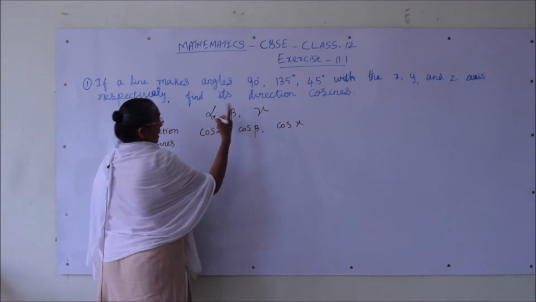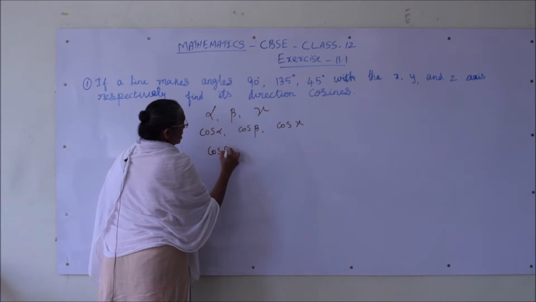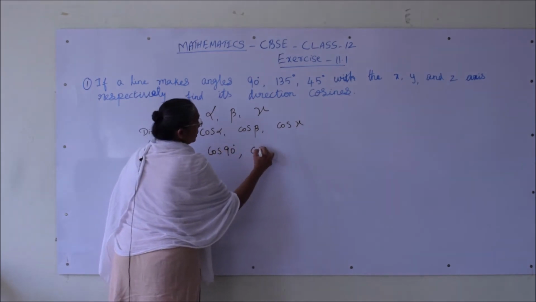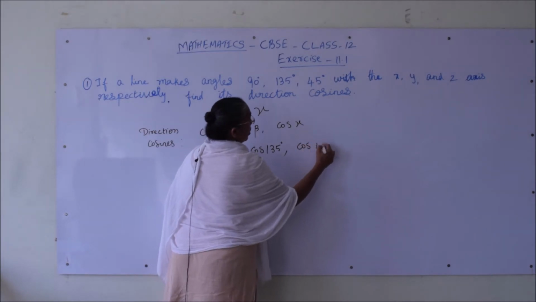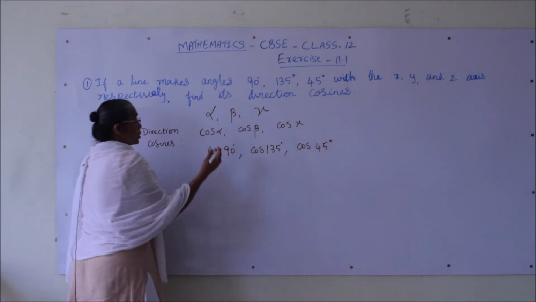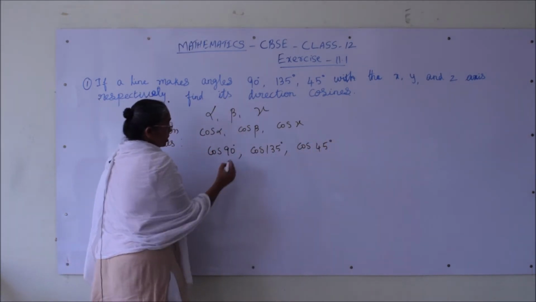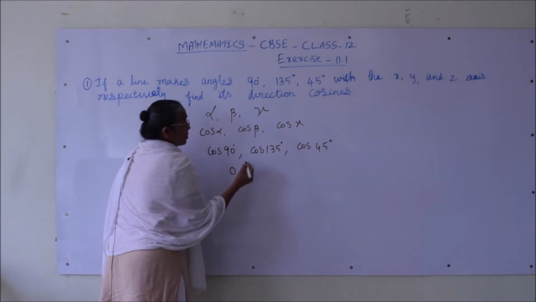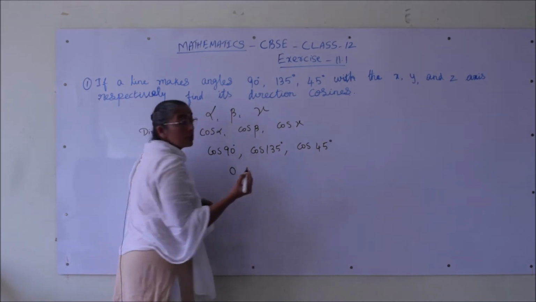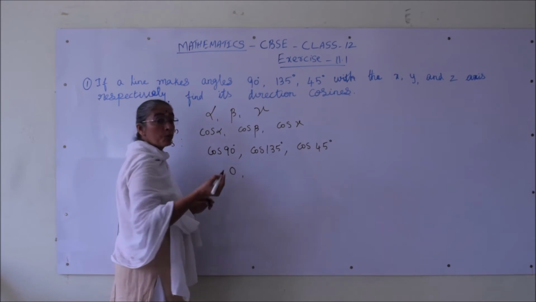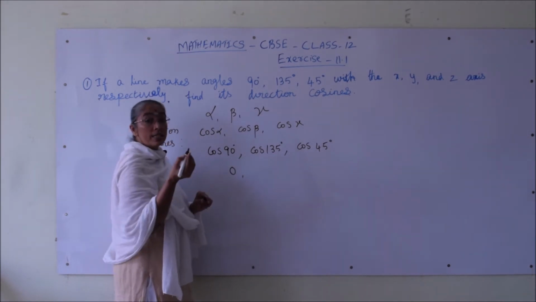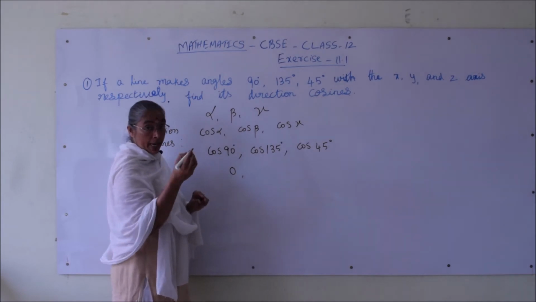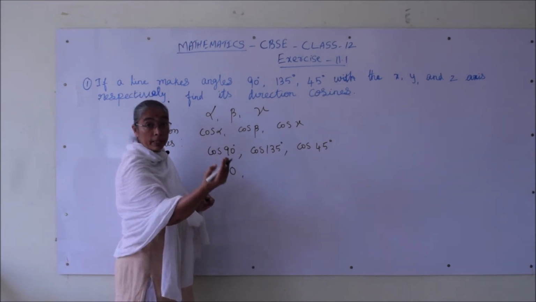alpha is given as 90 degrees. So, cos 90, cos 135 degrees and cos 45 degrees are the direction cosines. Cos 90 is nothing but 0. Cos 135 we can find as cos of 180 minus 45; the angle will come in the second quadrant.